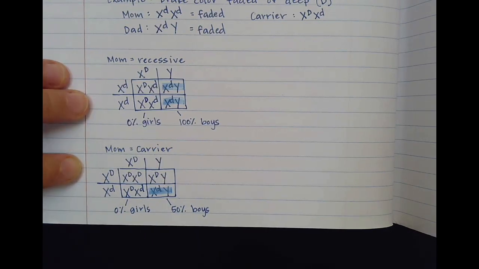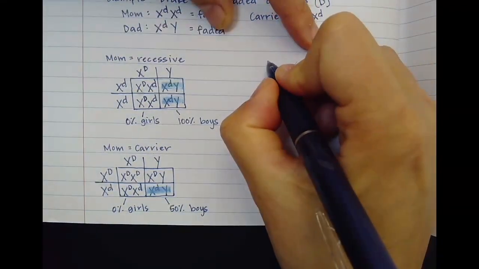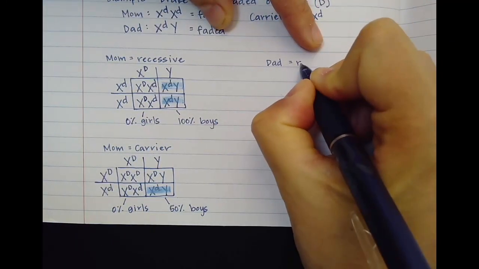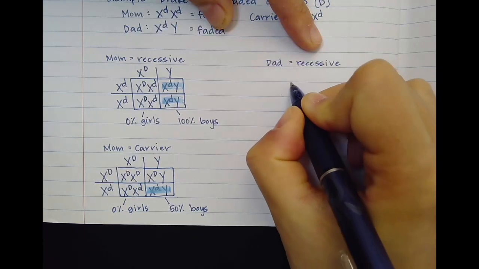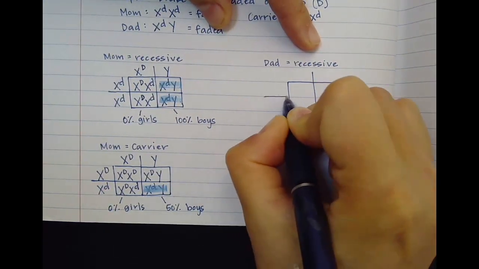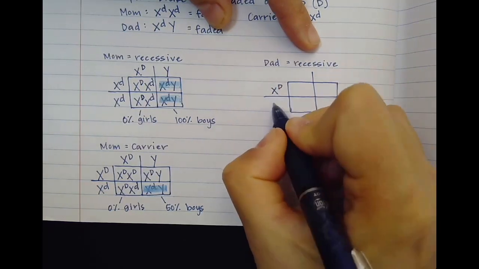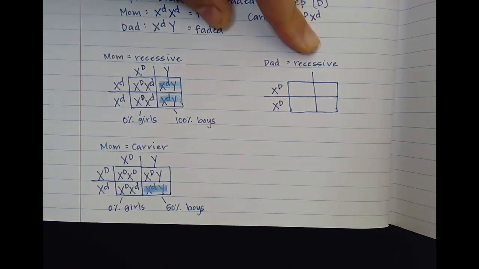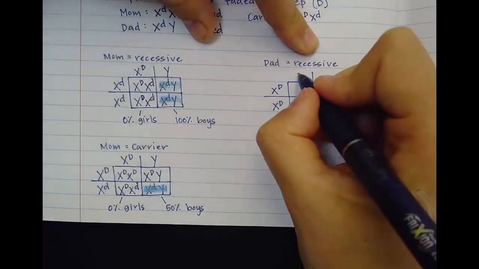Let's see what happens when dad has the recessive trait. So mom doesn't have the trait, and she also is not a carrier.